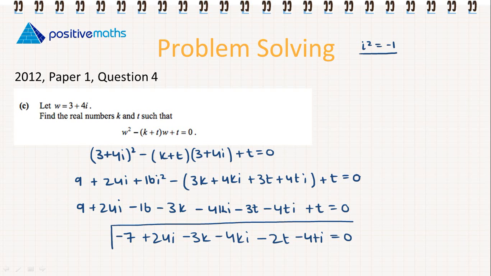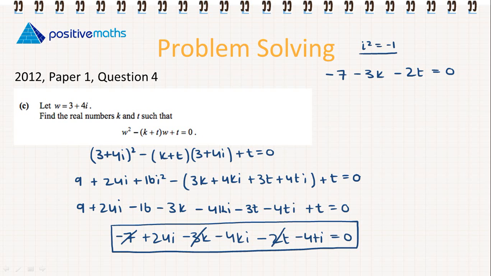At this stage, we want to create two different equations out of this. So we're going to put the real parts together and the imaginary parts together. So if we take the real parts first, it's going to be minus 7 minus 3k minus 2t, and they will all be equal to 0.